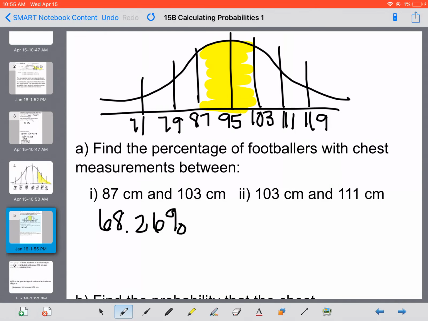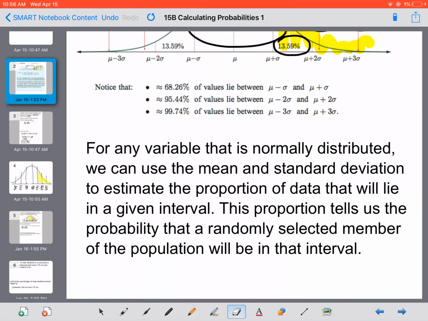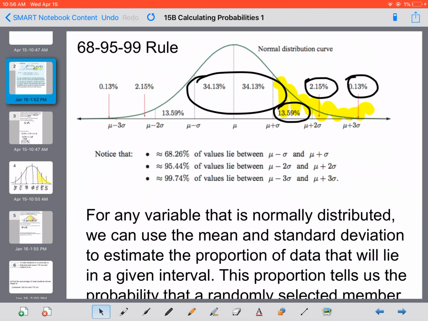Okay, the next one says between 103 and 111. So now you're looking at this area of your curve. So if we go back to our bell curve, let's erase this stuff.